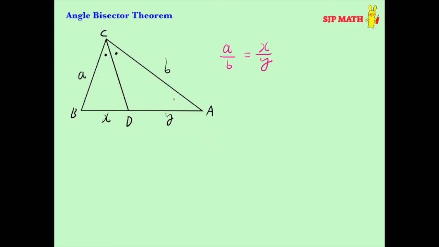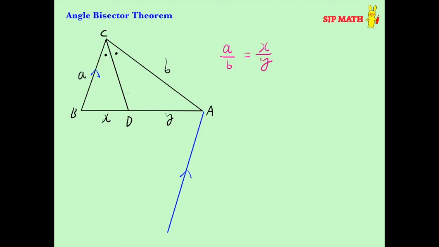So here I'm going to draw a line that passes through point A and is parallel to line BC. So let's draw a straight line that passes through A and is parallel to line BC. Okay, so here we drew a line that passes through A and is parallel to line BC.